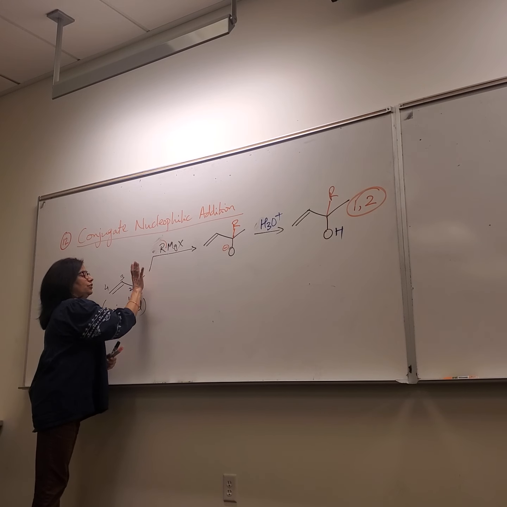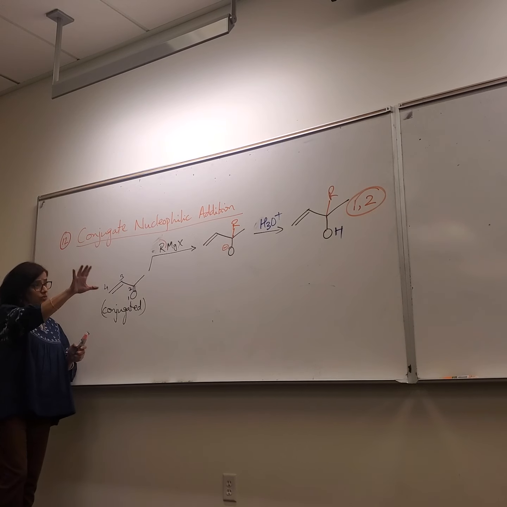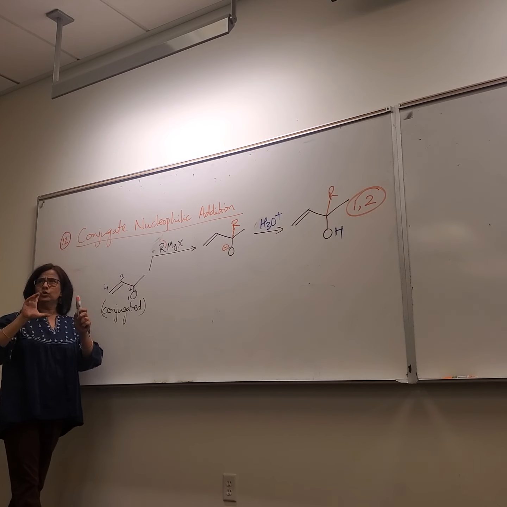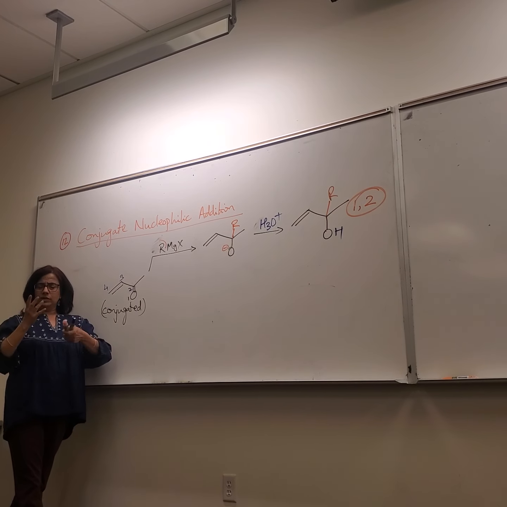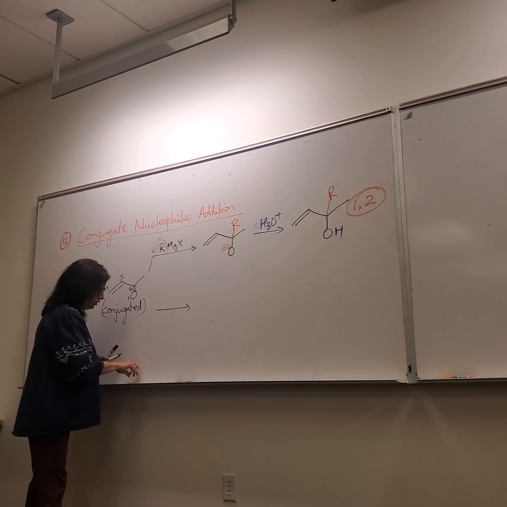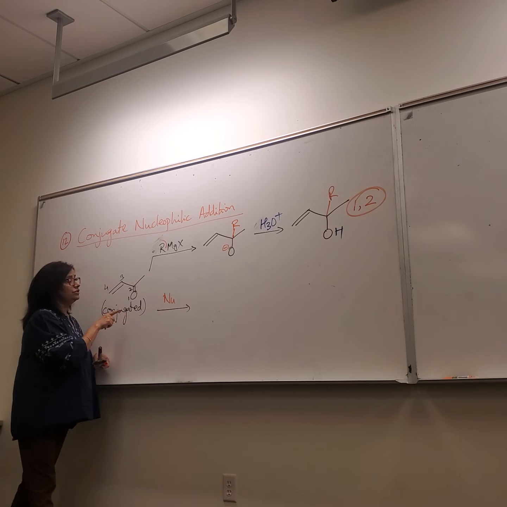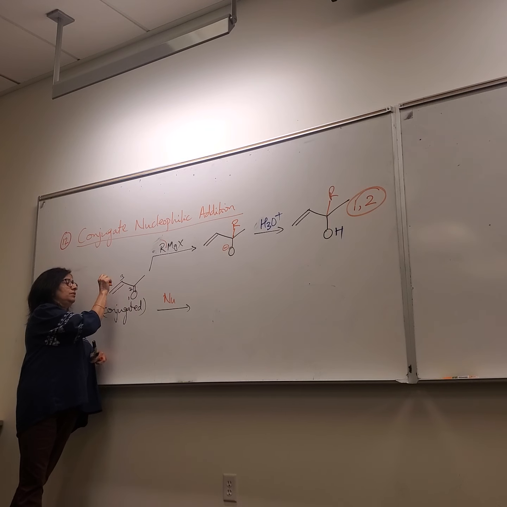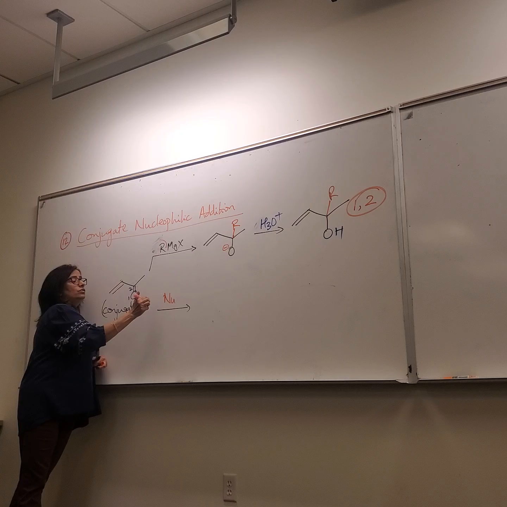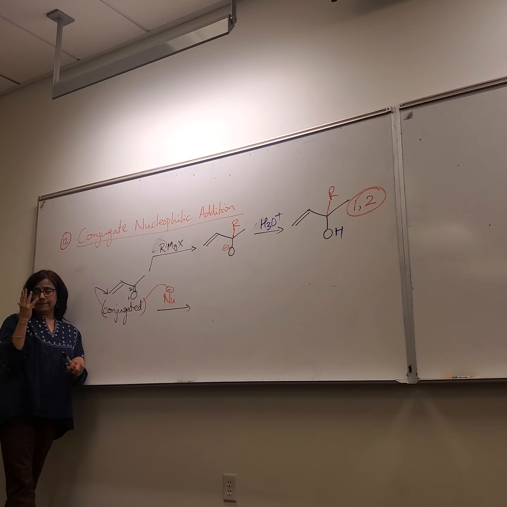So just to show you that, and again, I'm not using an example yet, we will, but right now I just want you to notice how the product will be different. So step number 1, the nucleophile comes in, but instead of going to the carbon of the C double bond O, it goes to the carbon at the end of the conjugation, carbon 4.